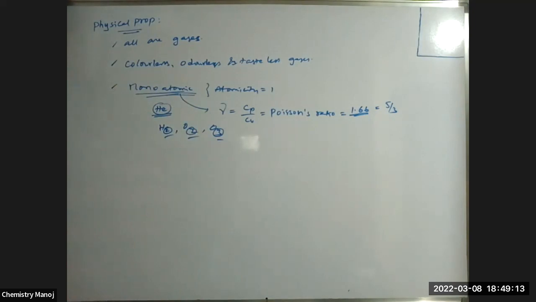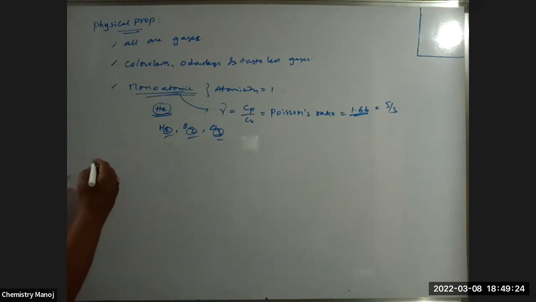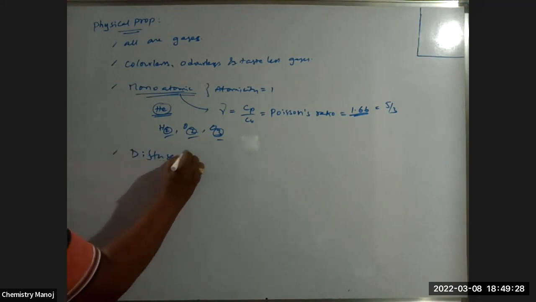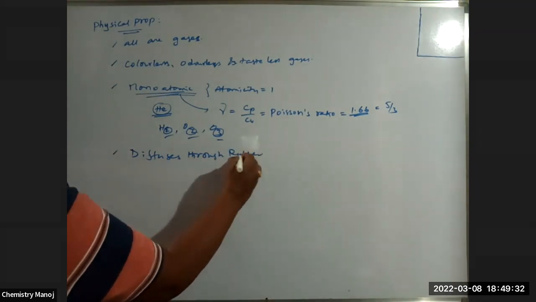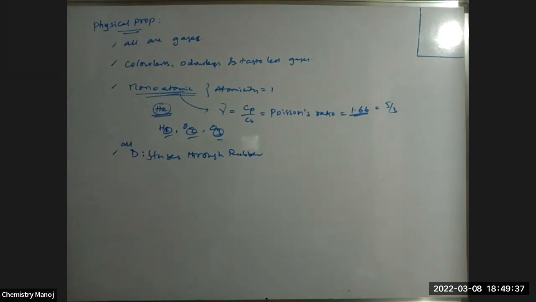That is nothing but 5 by 3. So all these are monoatomic gases. Next, all of them diffuse through rubber.